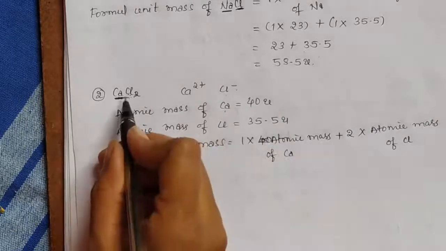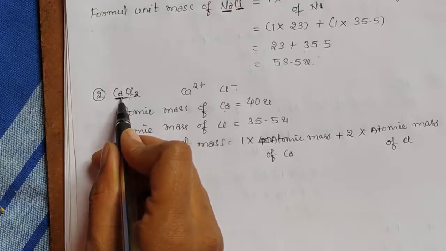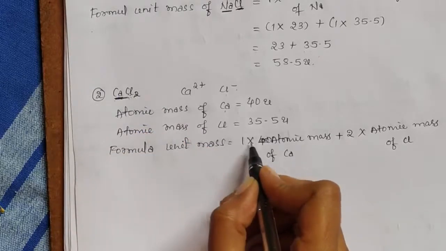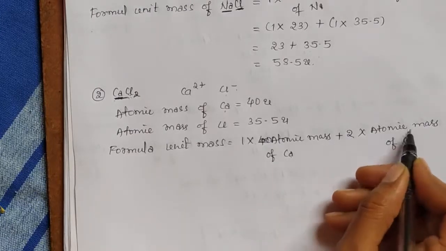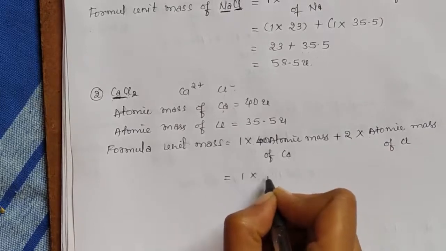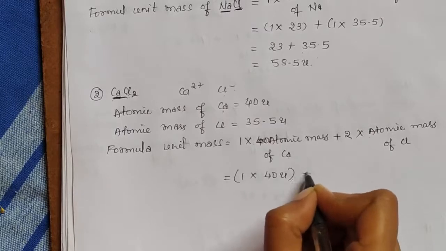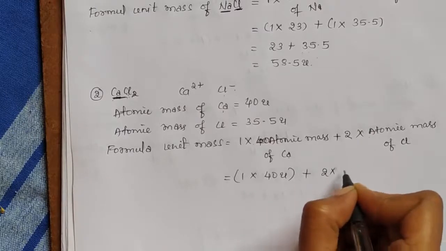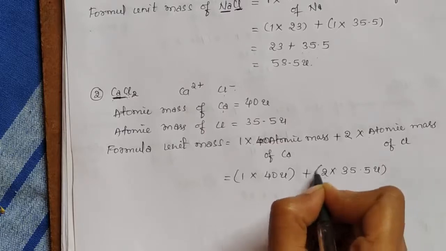Here 2 chlorine atoms are there, but only one calcium atom is there. So 1 into 40 atomic mass unit plus 2 into 35.5 atomic mass unit.